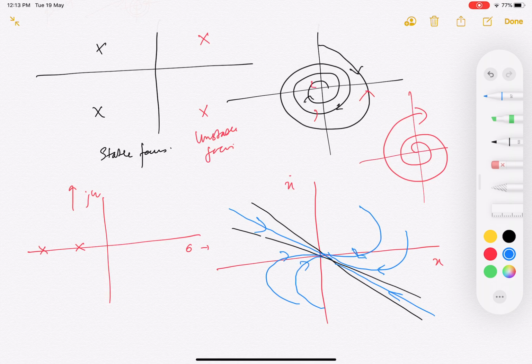So this is called the stable mode. See, the phase portraits are converging to the equilibrium point, which is 0, 0 in this case.